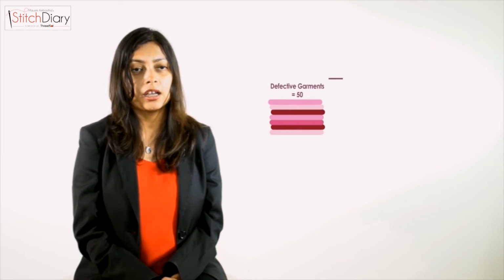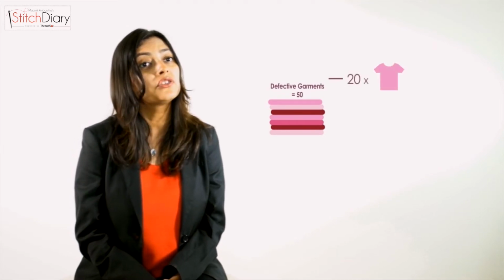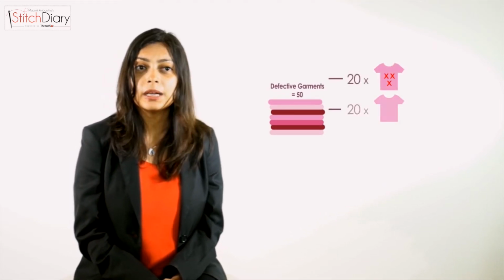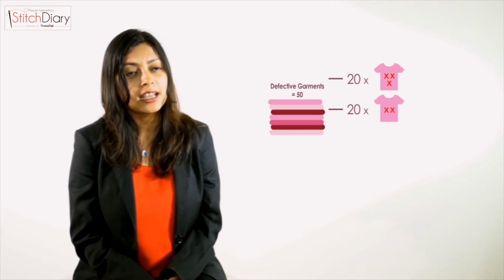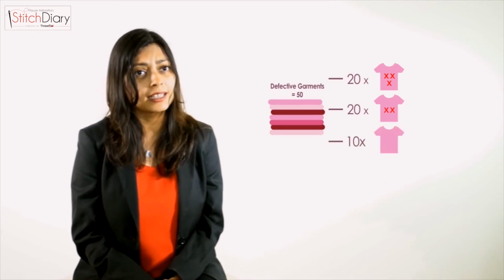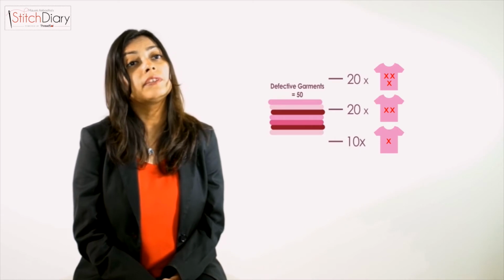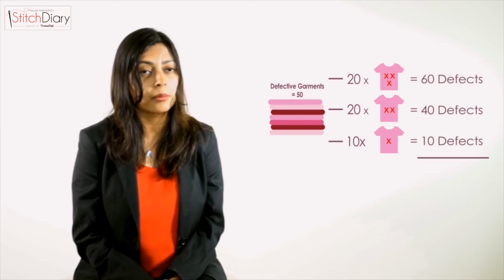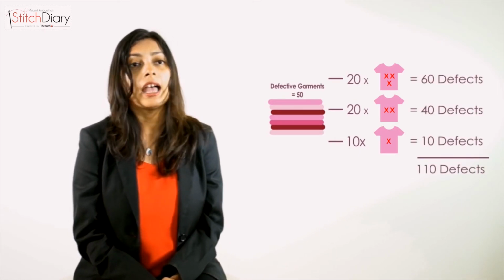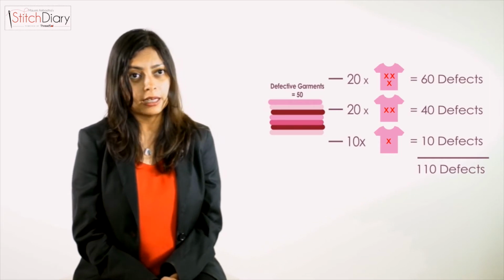So let's say in the previous example, we inspected 450 garments, out of which 50 were found defective. Now let's say 20 garments had 3 defects each, another 20 garments had 2 defects each, and 10 garments had 1 defect each. So the total number of defects found in all these garments was 110, and 450 garments were inspected.